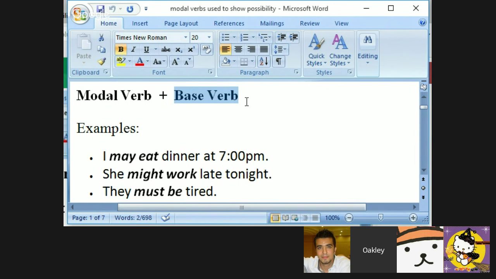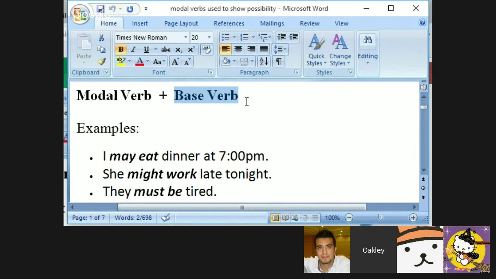All right. A little bit different if you're talking about the past. In tomorrow's lesson, at the same time, we're going to be talking about using modals in the past. Those are called modal perfects, but we're going to save that until tomorrow. That's a little different. Then you're going to use the modal verb plus have eaten.